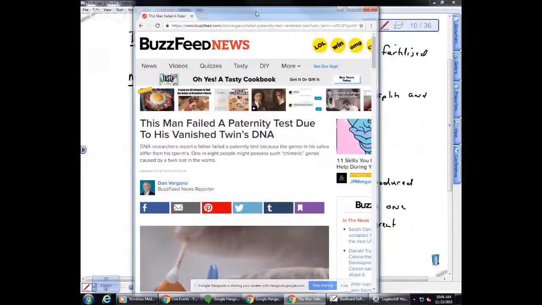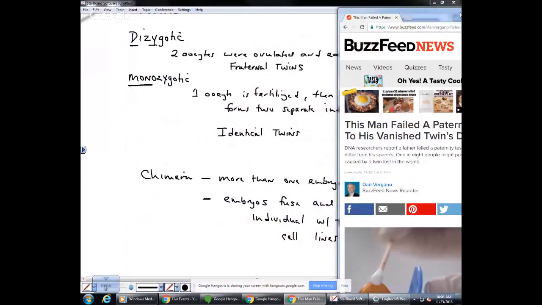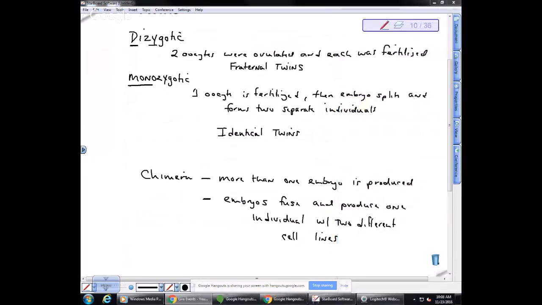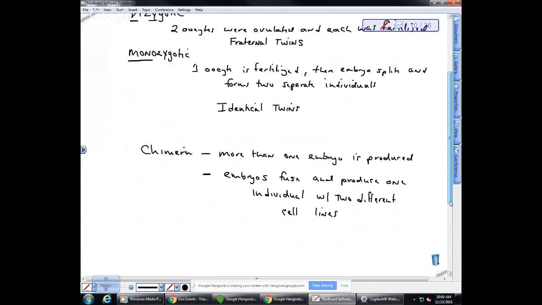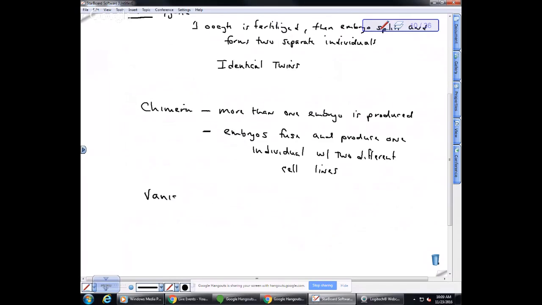So sometimes what happens is that early on during pregnancy, they detect that there's twins, and then for some reason that twin vanishes. And it could be that the twin just died and was reabsorbed by the mother, but it could be that the twins actually fused, okay? So you have a situation that's sometimes called the vanishing twin.